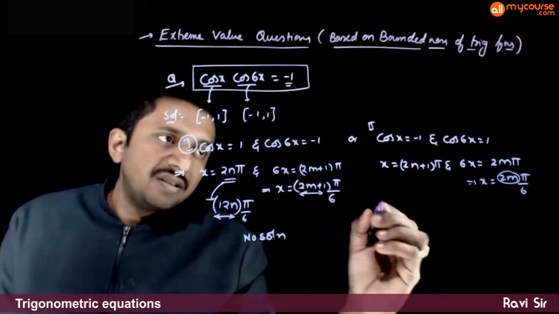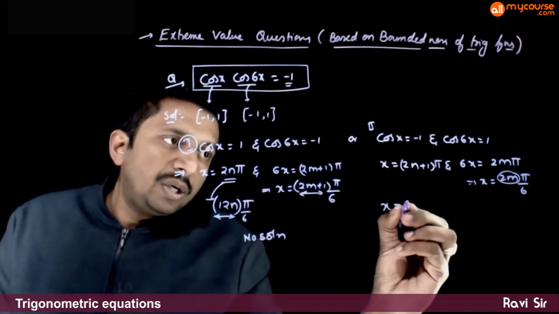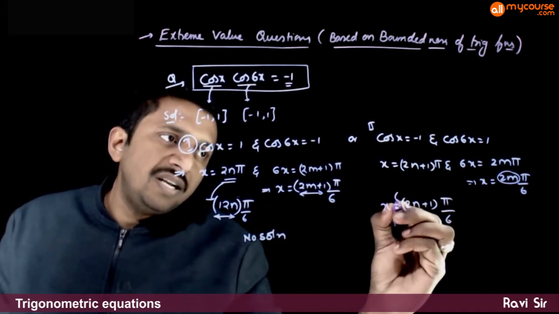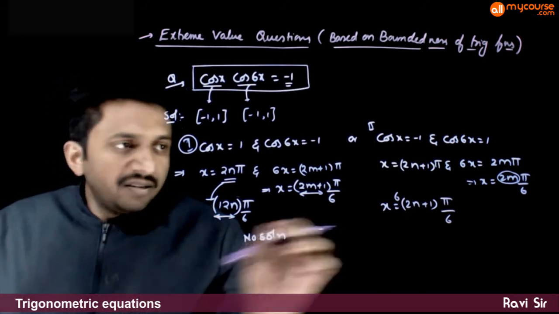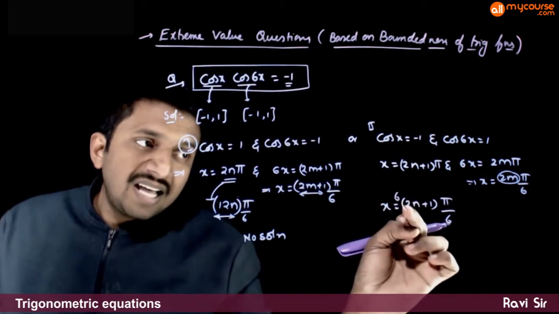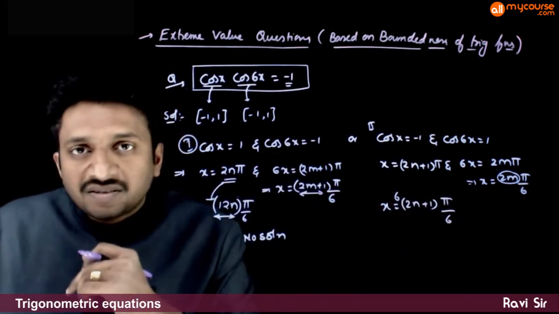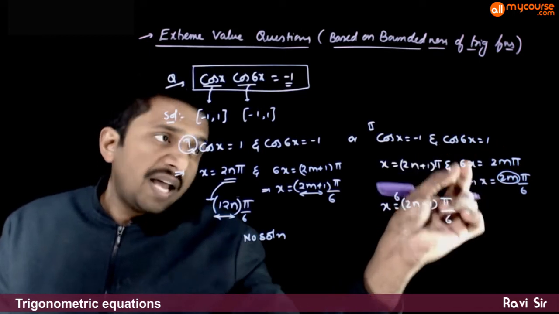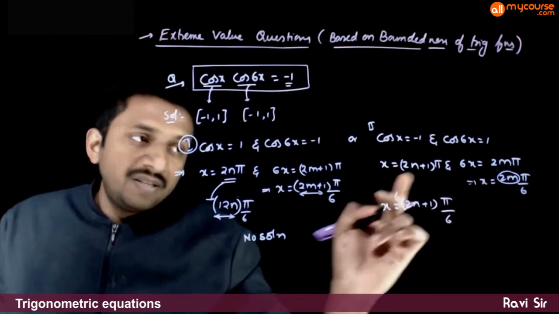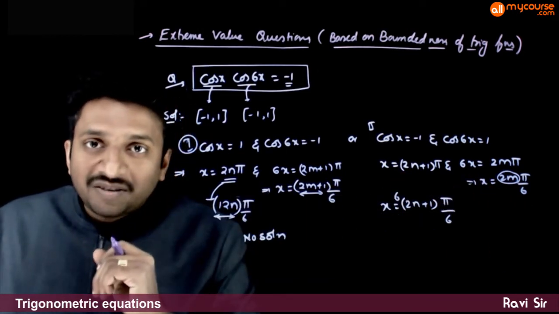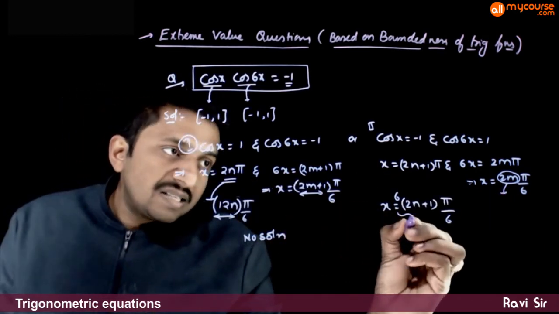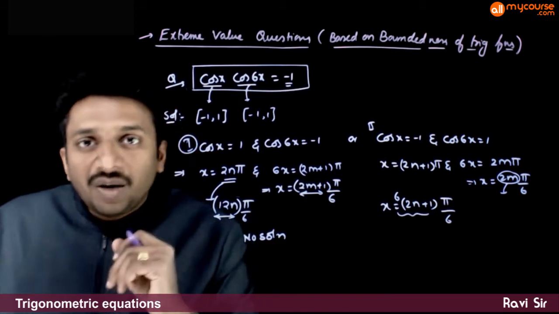So x is equal to 2n plus 1 times pi by 6 into 6, right? So the first condition says that x has to be of the form 6 times 2n plus 1 times pi by 6. And for this to be valid, x has to be of the form 2m times pi by 6. Even multiple of pi by 6, and this is also an even multiple of pi by 6. So this is all even multiples of pi by 6. This contains only certain even multiples of pi by 6.